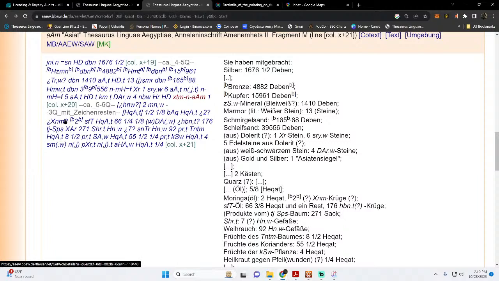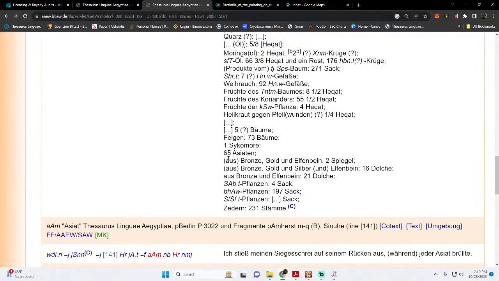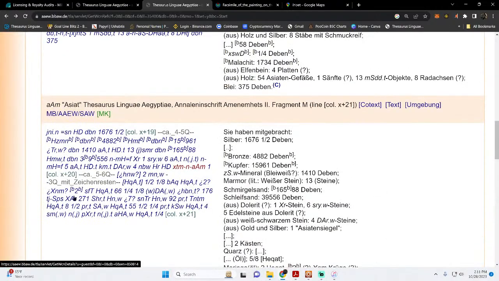So that isn't it. So where is this 65? It isn't even over here. Does this say 65 Asians? It should be about one sycamore tree and bronze and gold. So it should be a Nebu word over here and a Haset for the bronze word. Where's that at? If y'all can find that, let me know.